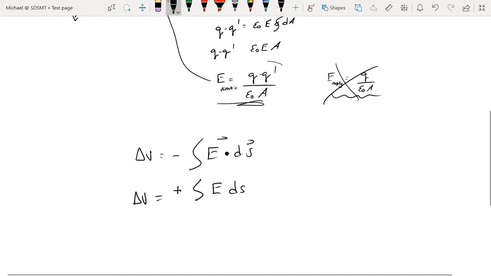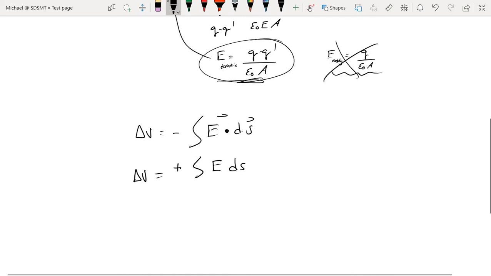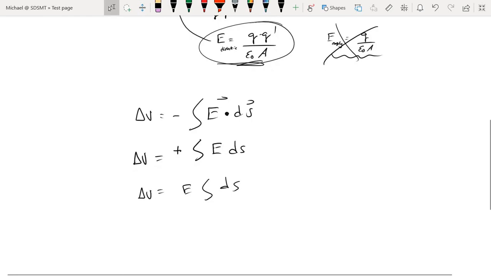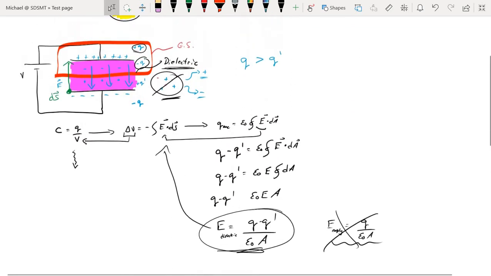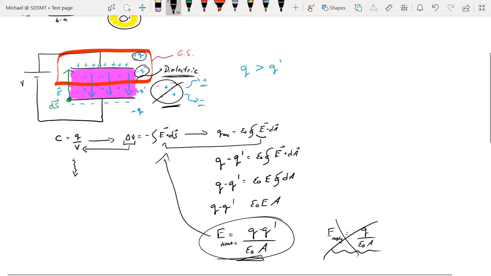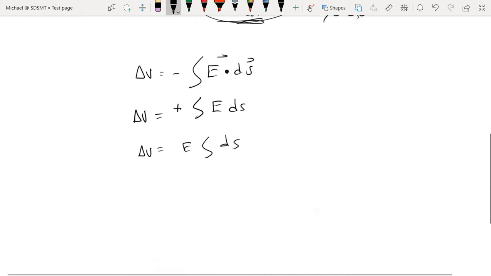We then bring in our electric field expression, which upon further inspection does not depend upon the change in position between the two plates. And so that electric field expression could come outside of the integral. And the evaluation of our integral ds going from one plate to the other, well, the two plates were separated by a distance of d. And so that's what our integral of our displacement is going to evaluate to, is Ed.